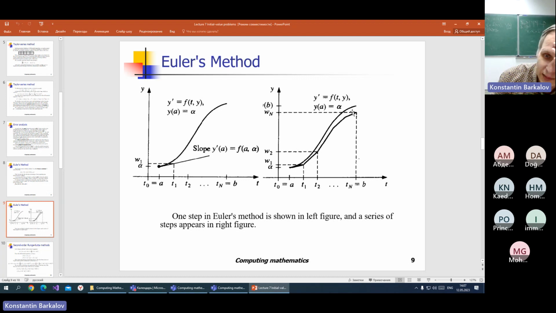So step by step, we build a piecewise linear approximation of the unknown function y of t.